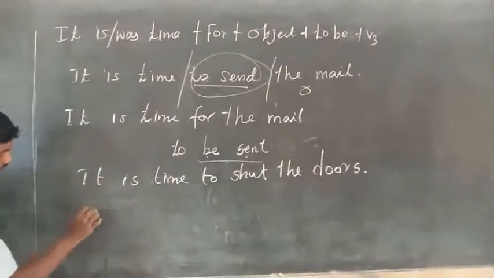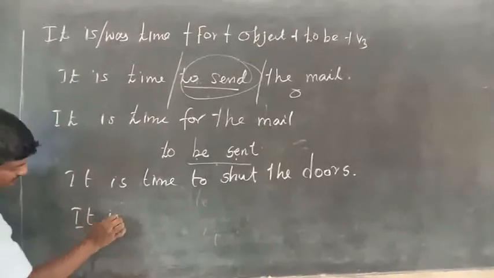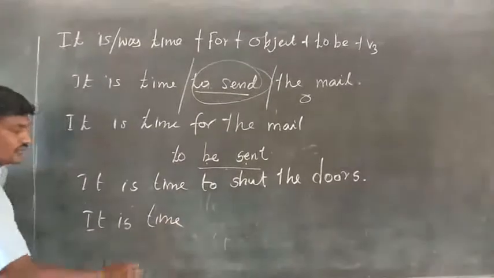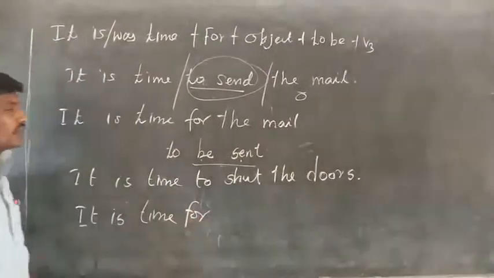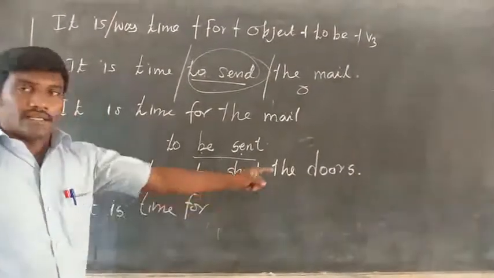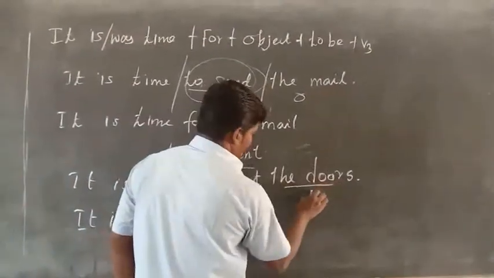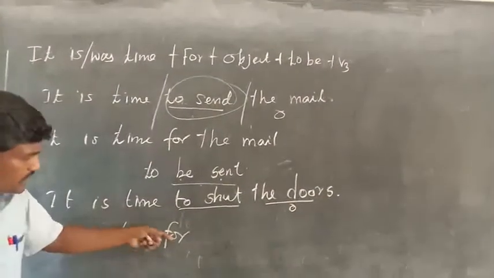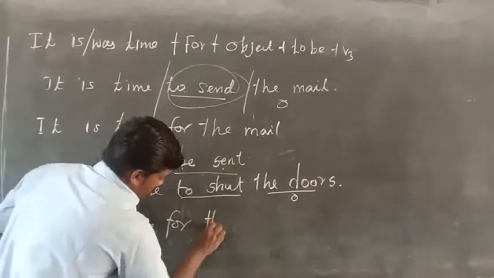So when you see a sentence like this and change it into passive voice, it's time. After that we have to use for, then the object. What is the object here? This is the infinitive. The doors is an object. So it's time for what do we have to use here? The doors.